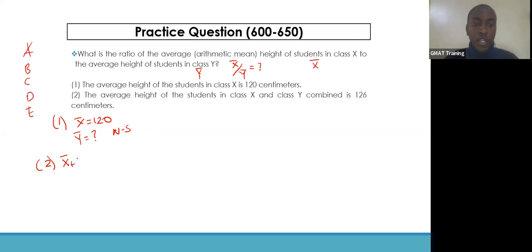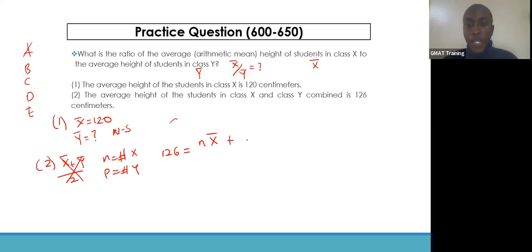I'm assuming you're thinking about doing X bar plus Y bar divided by 2. This is not acceptable in mathematics and statistics, and therefore we need to think about this question in terms of the number of students in class X and the number of students in class Y. Let N equal the number of students in X, and P equal the number of students in Y. Therefore, 126 equals N times X bar, that's the total of the heights of students in class X, plus P times Y bar in Y, over N plus P, the total number of students in both classes.